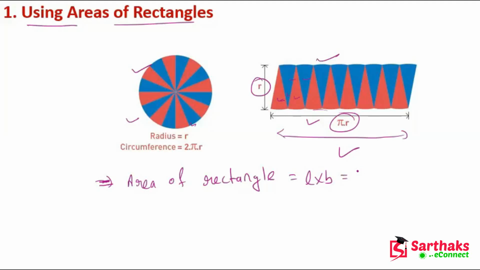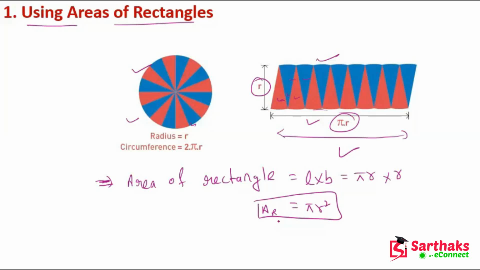We know the length is pi r and the breadth is r. So we get pi r square. This is the area of the rectangle.